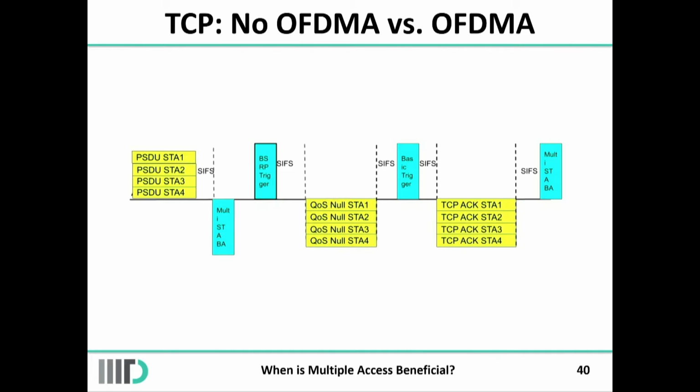NST has a very specific configuration in which these QoS null frames are sent in the form of 8 QoS null frames, which has an implication that, if time permits, I will talk about. Then there is again a basic trigger for the acknowledgements to go, and then the TCP acknowledgements go, and then for these also there is a multi-station block acknowledgement. This is the TCP acknowledgement, and this is the MAC layer acknowledgement.